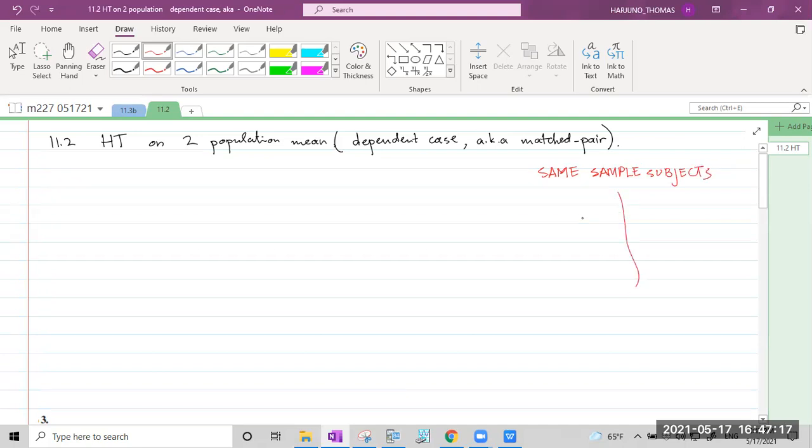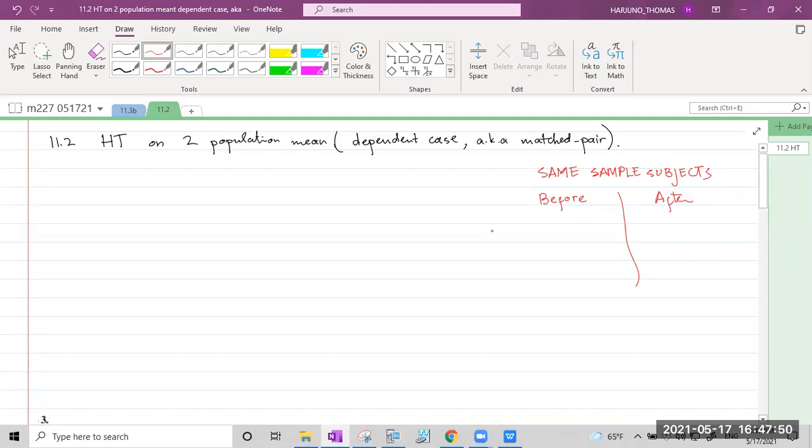Let's say, for example, we are testing if a certain diet program, a weight management program, or a certain SAT course or training actually improves the way a student performs on the SAT. For each student, they will get the score before and after treatment.